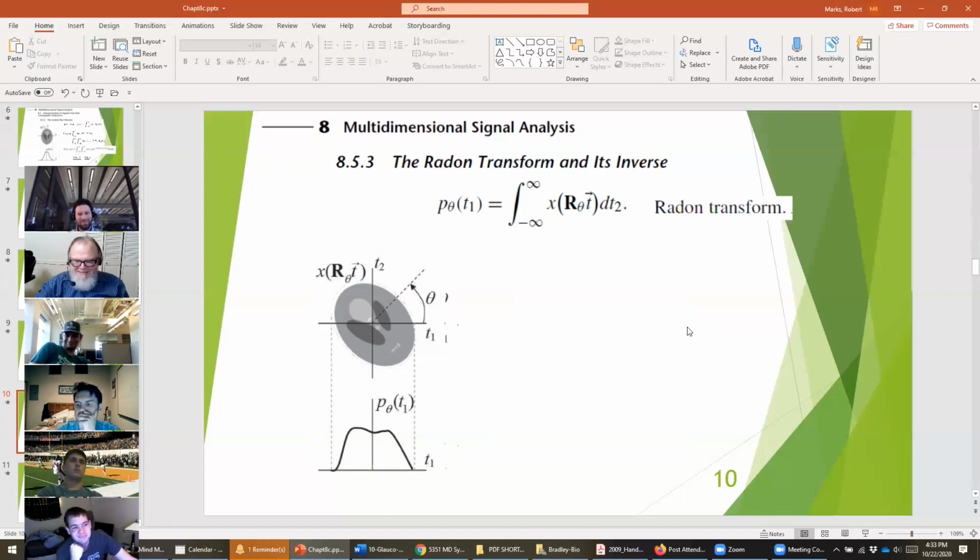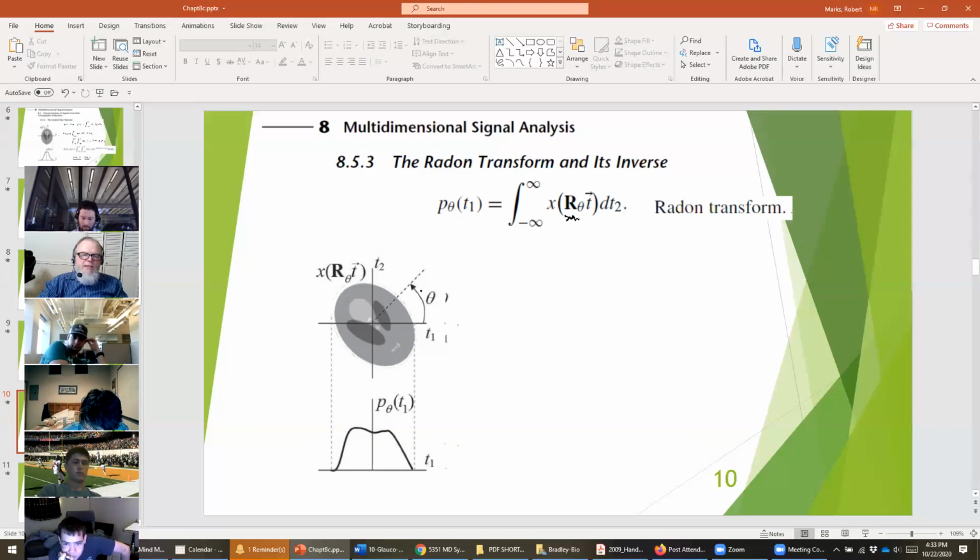So you can see the difference here. But this perspective allows us to look at the results here. This is the object rotated by an angle of theta. Do you remember the rotation matrix that we talked about? For different values of rotation, we're going to have different projections. These projections are just going to be a function of T1.